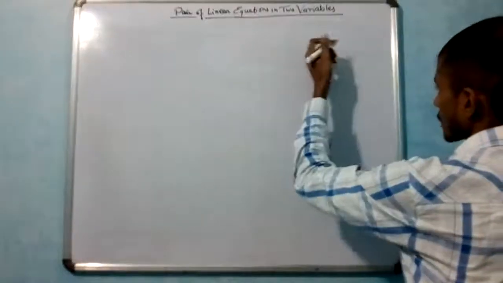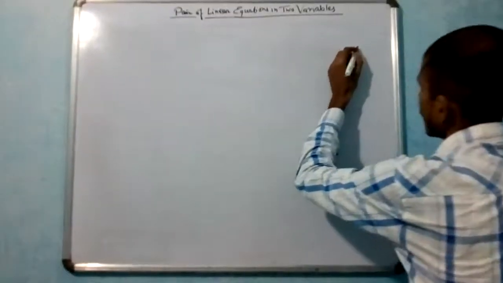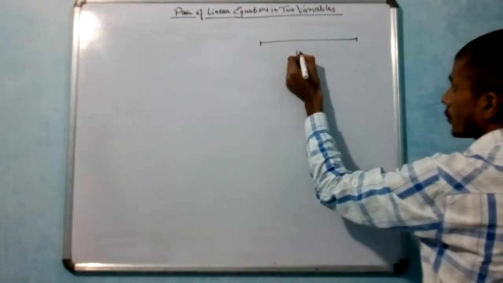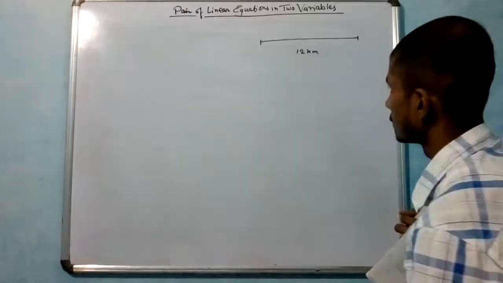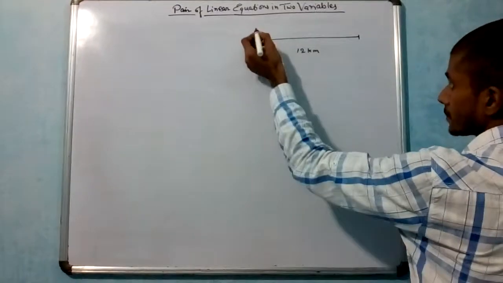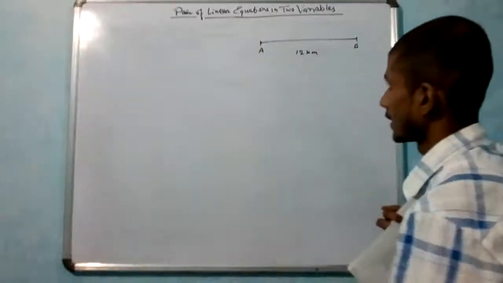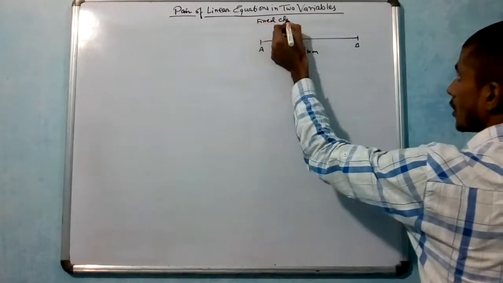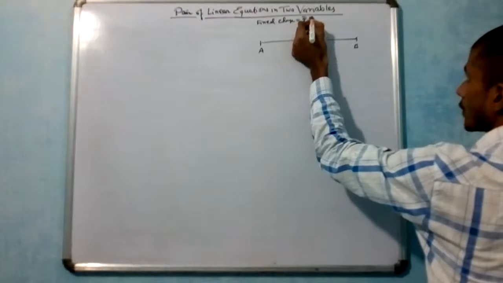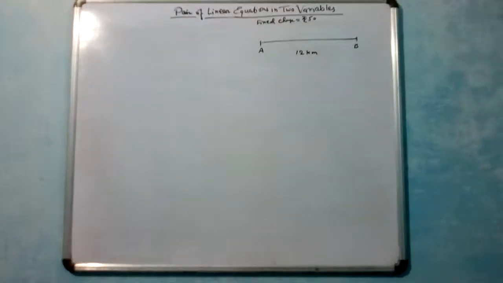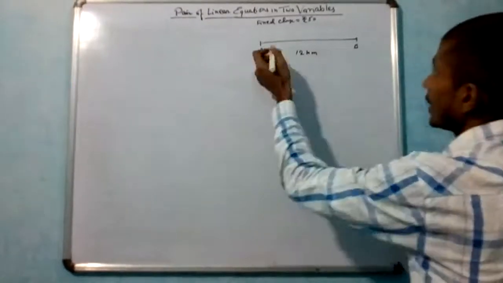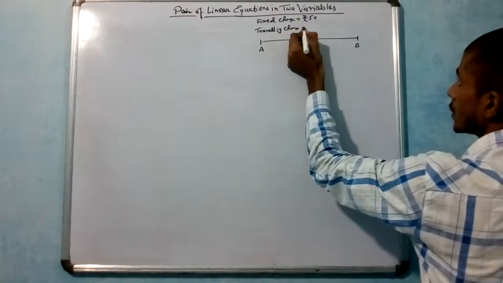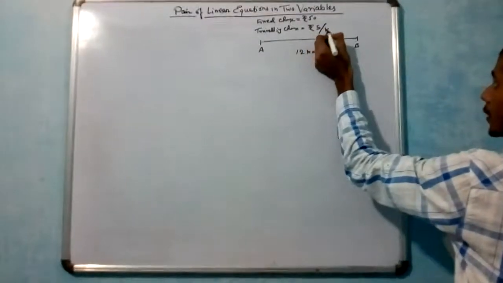For example, let us take an example to understand, okay? Suppose we are traveling 12 kilometers from A to B by taxi, and the taxi is charging something like this: the fixed charge is rupees 50, and then the traveling charge, suppose, is rupees 5 per kilometer.